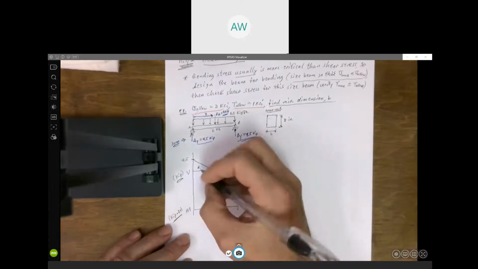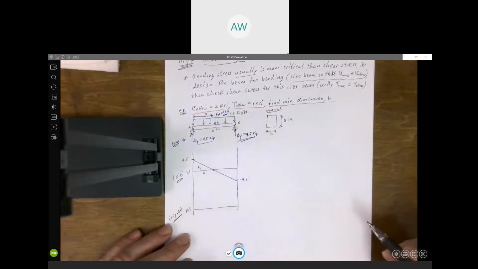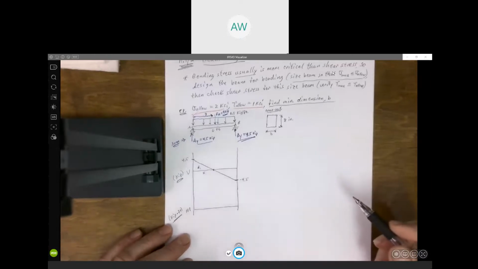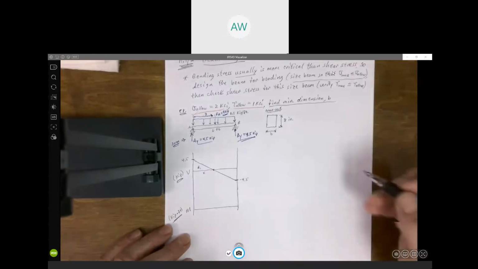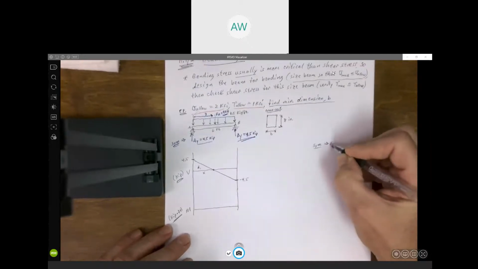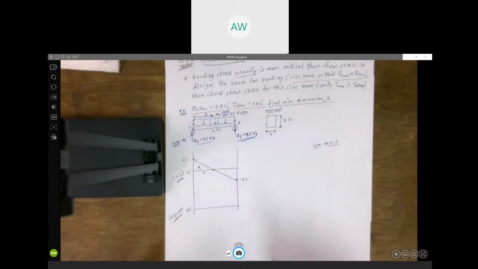Well, that means we need to know what this distance is. We need to know where it crosses. Now, this one, just from symmetry, I can tell you it's going to cross right in the middle, halfway at 3. So if you can determine that from symmetry, that's great. But in general, it's not always going to be that way.